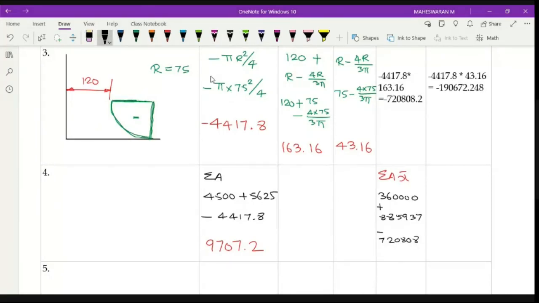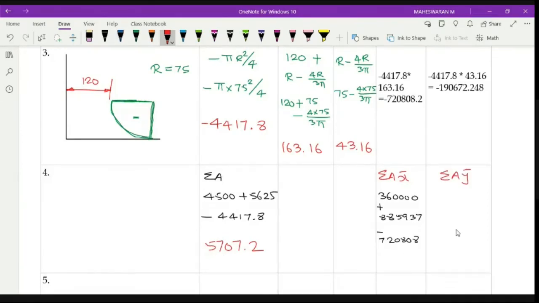Okay, 5,707. So what about this one? Sir, 525,129. Okay, so this is my sigma A into x bar.